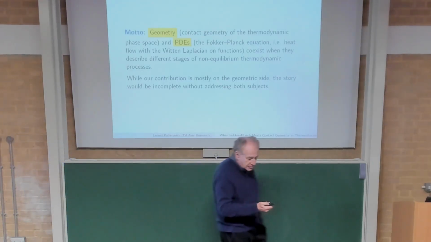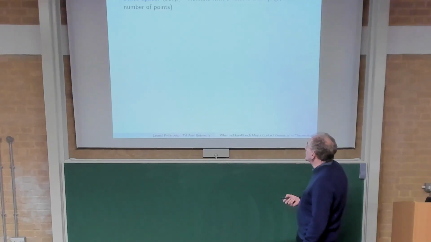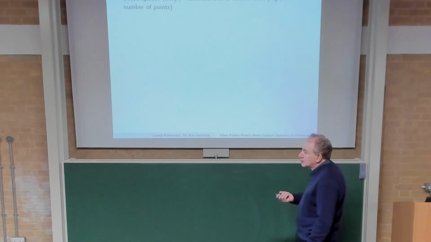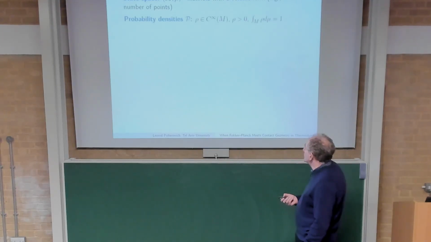So let me start with the model. The state space is in principle a manifold with a volume form, but a finite number of points is good for me, and it will be like this in the main example. And we'll look at probability densities on this space.